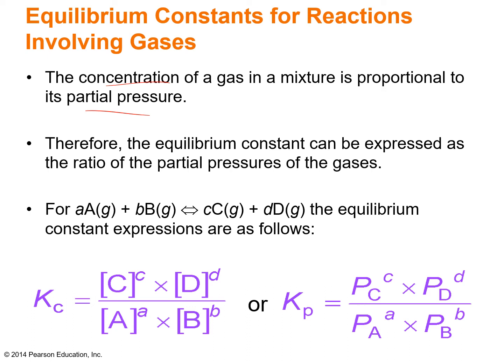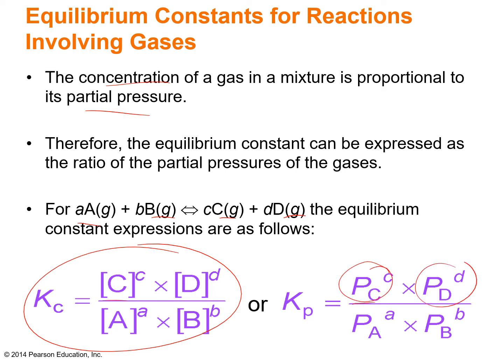So if we have this general equilibrium constant, we can replace the concentrations with partial pressures, as long as that is done to every single one of the species involved. You cannot have a partial pressure here and a concentration here. It'll give you a number, but that number will not be an equilibrium constant.